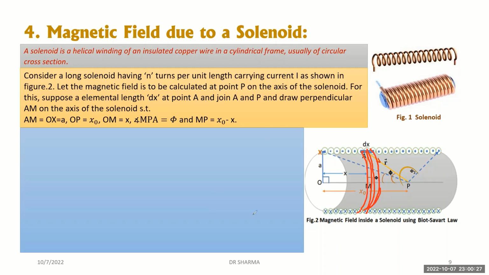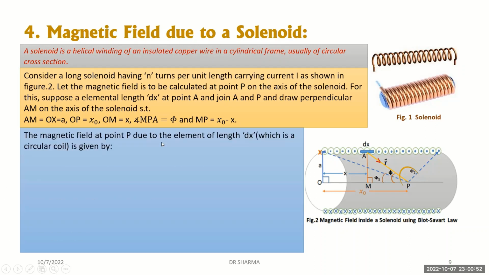So the magnetic field at point P due to this elemental length, which is a circular coil that we have already drawn, we can use the magnetic field at an axial point of a circular coil as the magnetic field due to this elemental length.